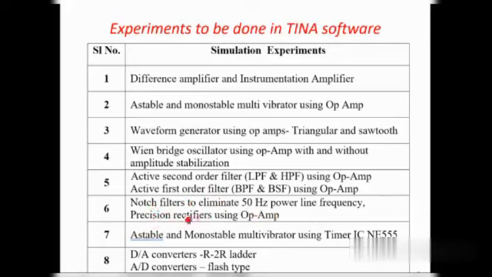Also there are precision rectifiers using op-amps. The seventh simulation experiment is astable and monostable multivibrator using timer IC NE555. And the last simulation experiment is D to A converter using R2R ladder network and A to D converter, that is analog to digital converter, using flash type.